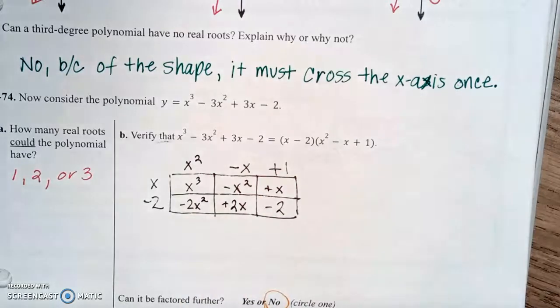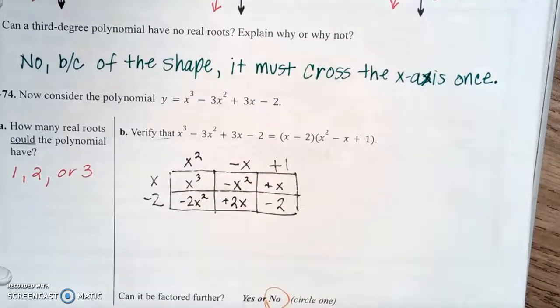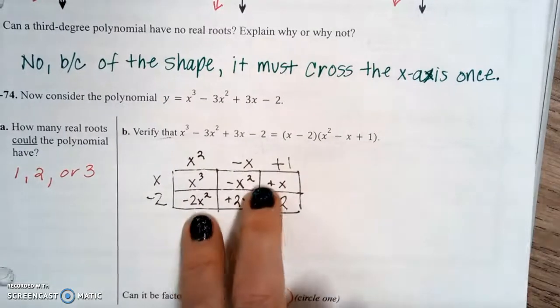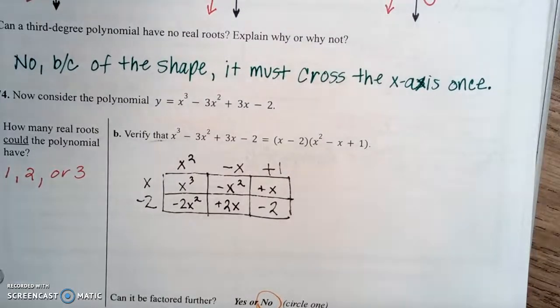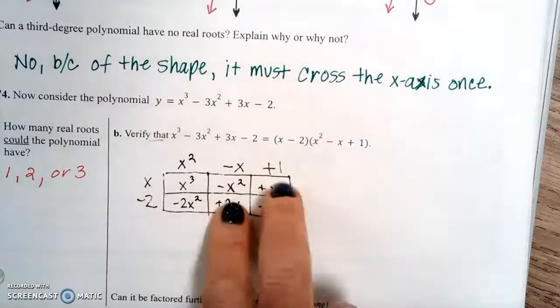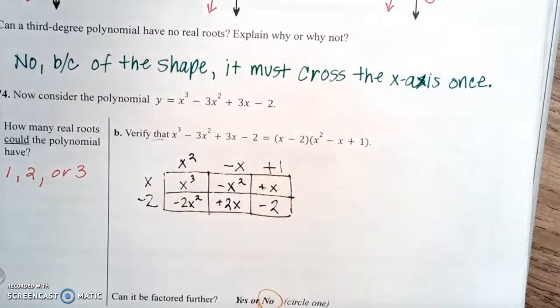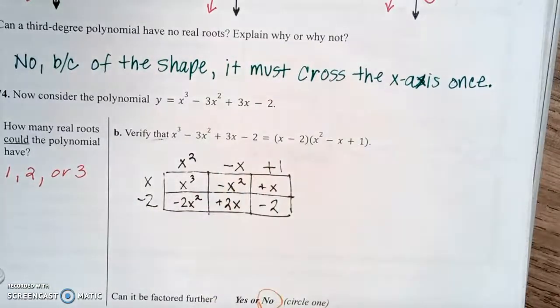And then you would double check to make sure by combining like terms that it was equal to that full long polynomial. Okay? So these two combine to get the negative 3x squared that's right there. These two combine to get the 3x that's right there. And then obviously this lone guy is the minus 2. Okay?